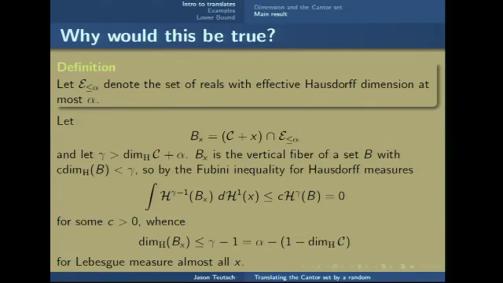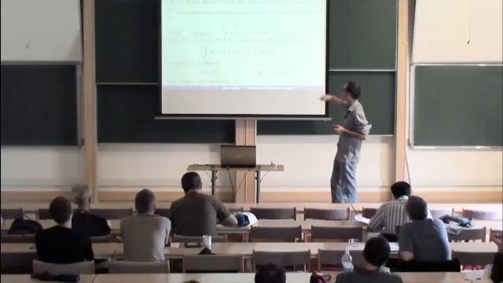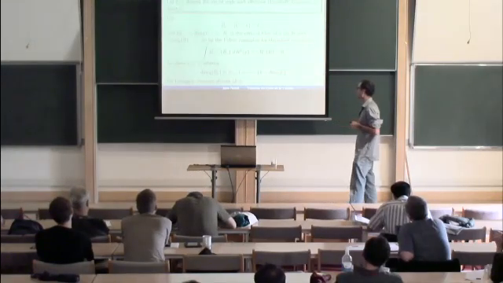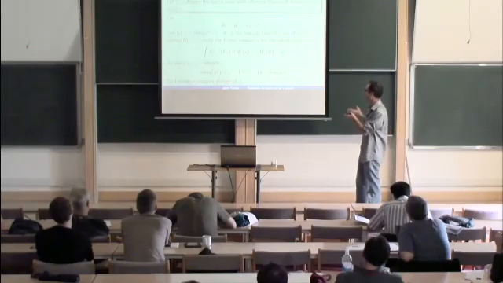I do the same trick here: take C and translate it over by x, and intersect it with all of the points with constructive dimension at most alpha. I'm trying to give some intuition why this theorem is true, which is why I'm looking at this set. But let's first, instead of trying to do the equality, do less than or equal to, because it's slightly easier. So we take a gamma bigger than log 2 over log 3 plus alpha.